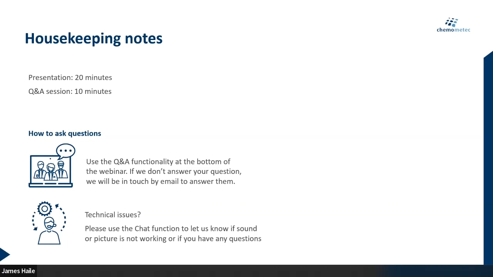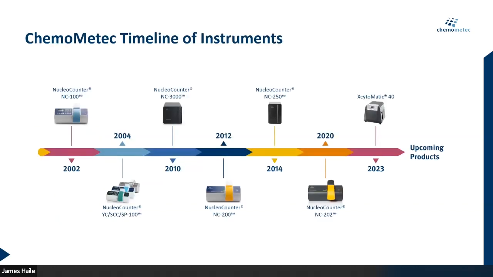I'll start by talking a bit about our products. We've made cell counters for more than 20 years, and we are focused on making instruments for counting and analyzing cells. The focus has been to simplify the instrument for multiple purposes. One of the main purposes is, of course, to introduce robustness to our instruments.